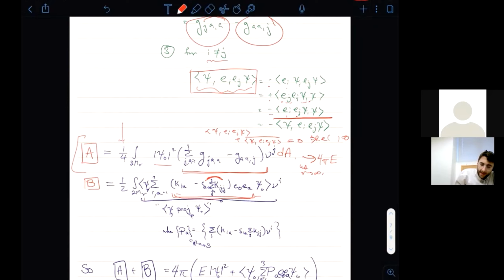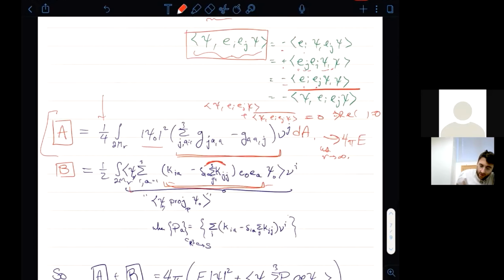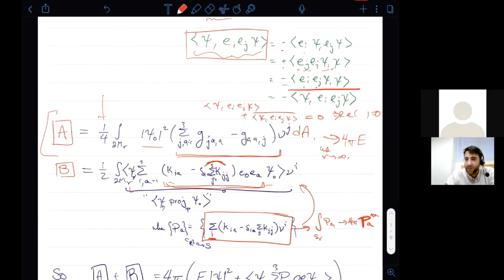And this whole thing here, so if you call PA this quantity, where you don't sum over A, but just sum over I, this is the thing that when you integrate PA over SR, this goes to also 4 pi, the total ADM PA of the initial data set, DA.